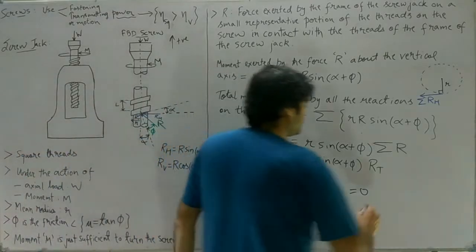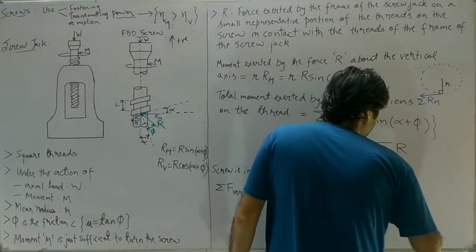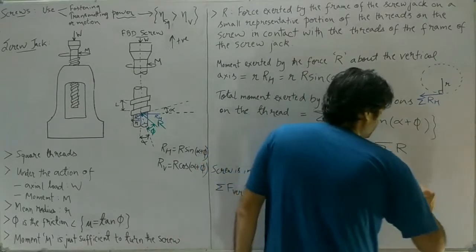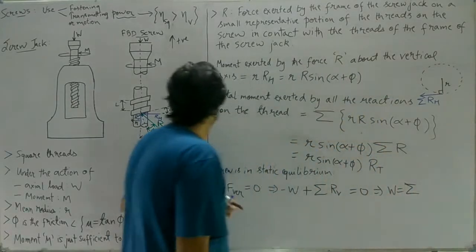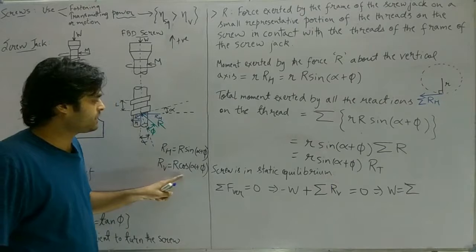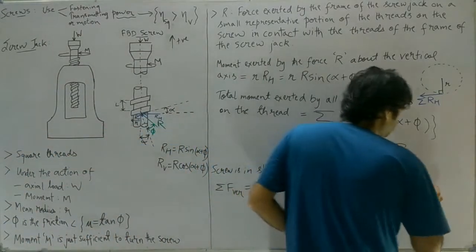So this implies that W is equal to the summation of the vertical component of R, which is nothing but R cos(alpha plus phi).